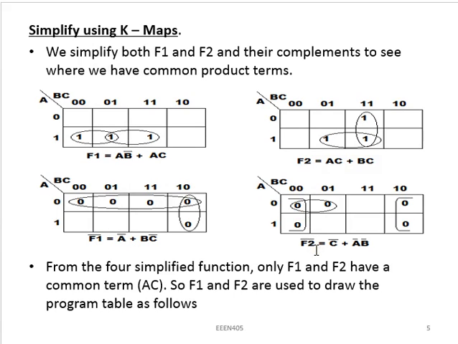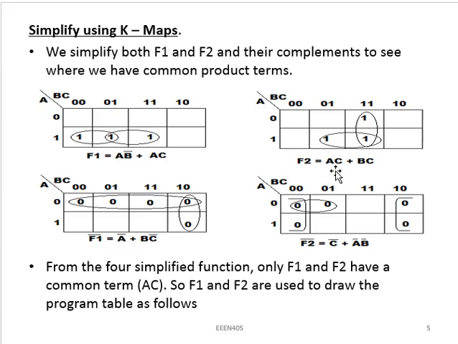Now, the next thing I will do is to say, okay, the two functions given to me are f1 and f2. If you look at f1, I have two product terms, that is AB prime and AC. And if you look at f2, I have AC and BC. Now, I am asked to use only 3 product terms. Comparing these two, you can see that this AC belongs to f1 and it belongs to f2.